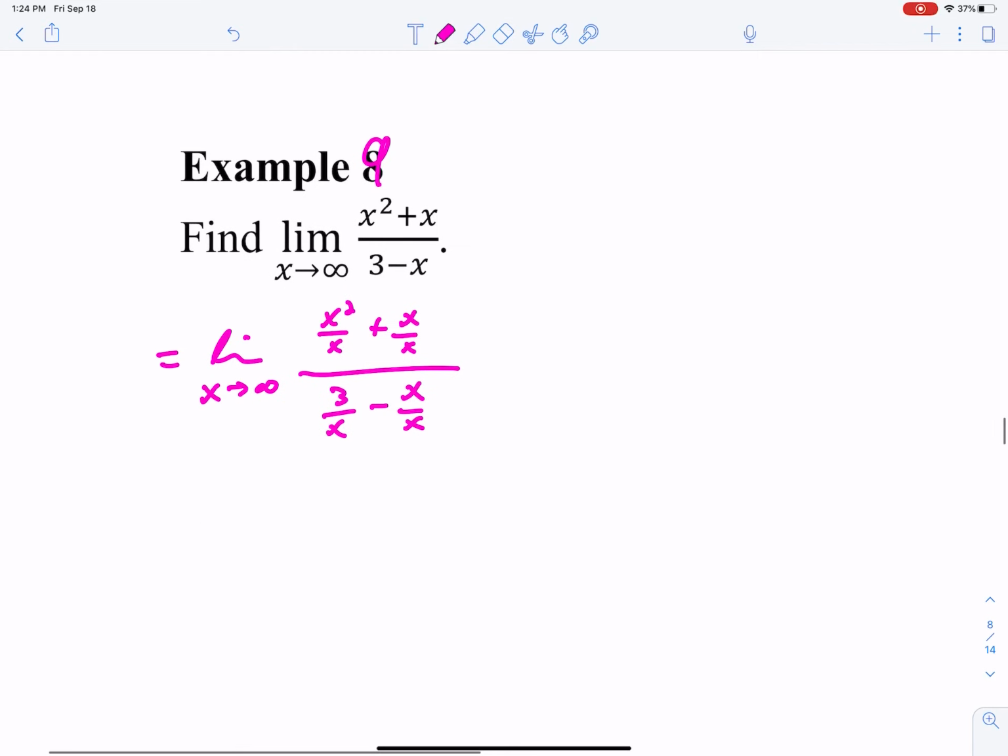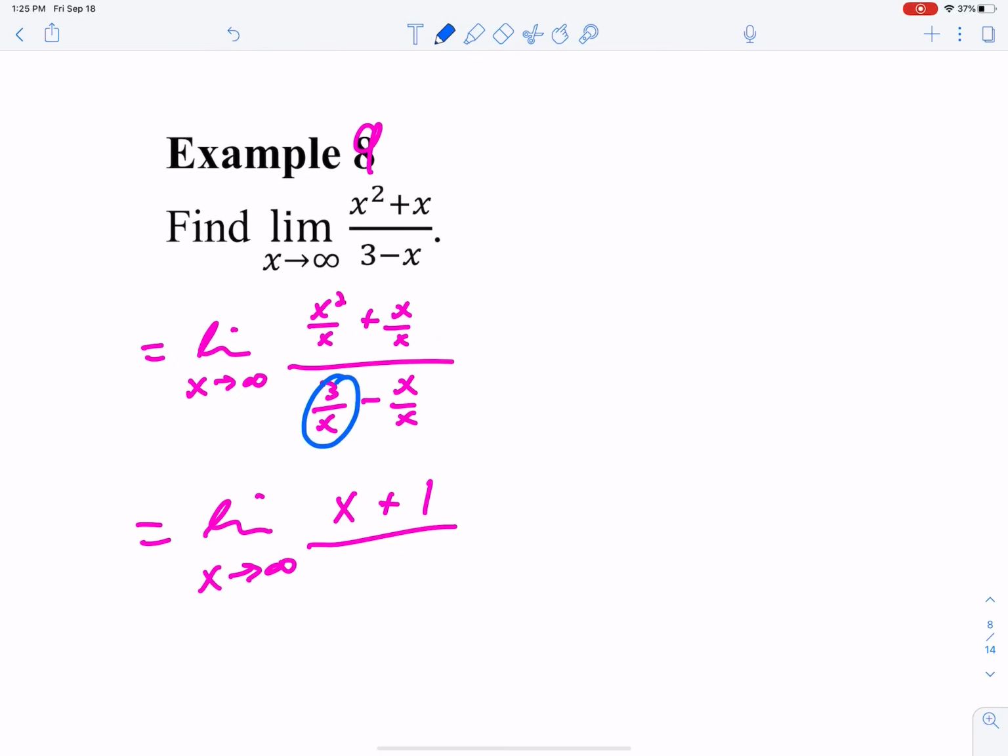Okay, let's simplify. Limit as x approaches infinity. That'll be x plus 1 over, so what happens to 3 over x as x goes to infinity? As x gets huge, that fraction becomes incredibly small, right? It goes to 0. x over x is 1.